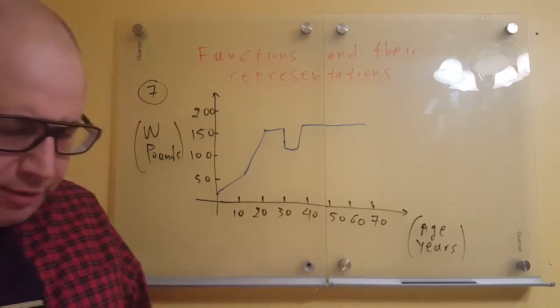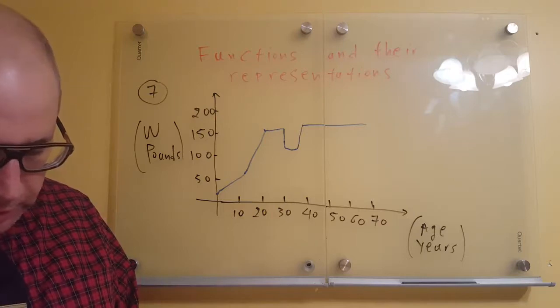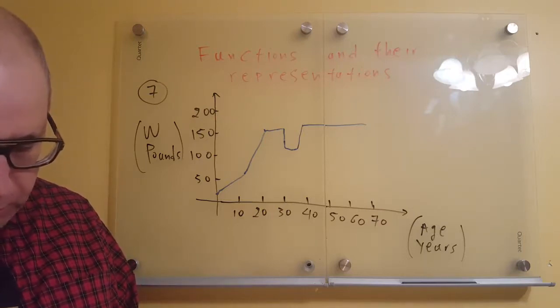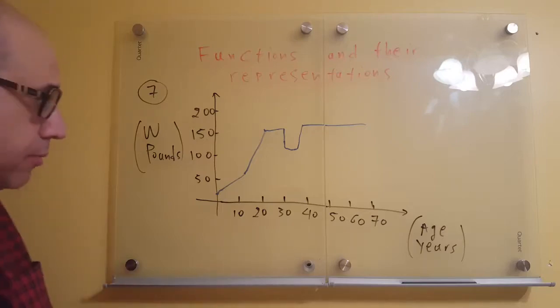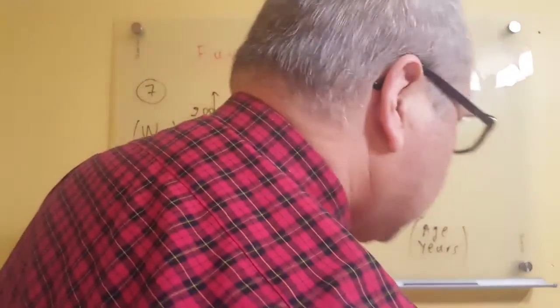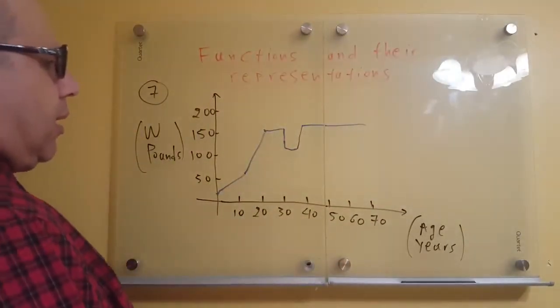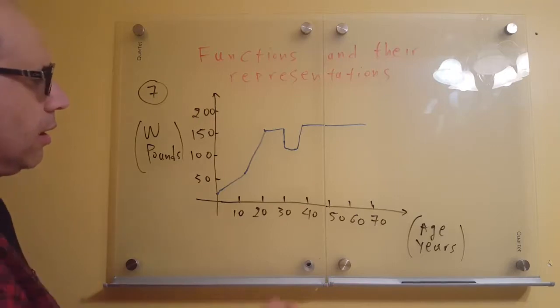So that's the first part of the question, and the next part is, what do you think happened when this person was 30 years old? So we have to interpret this again.